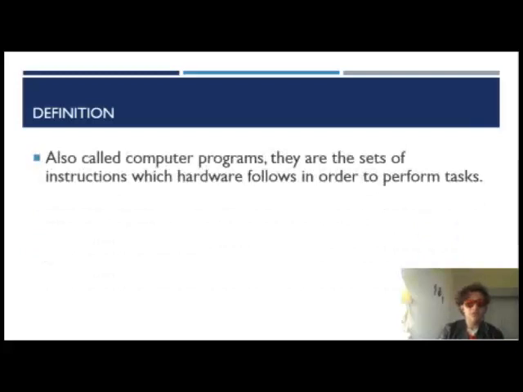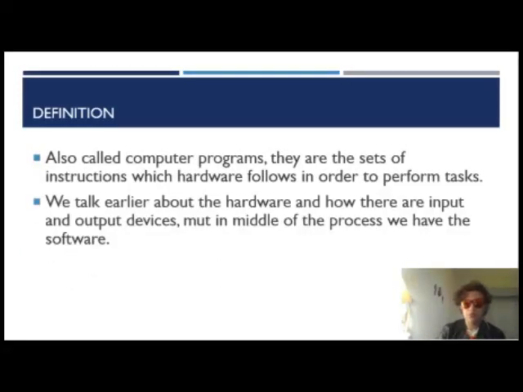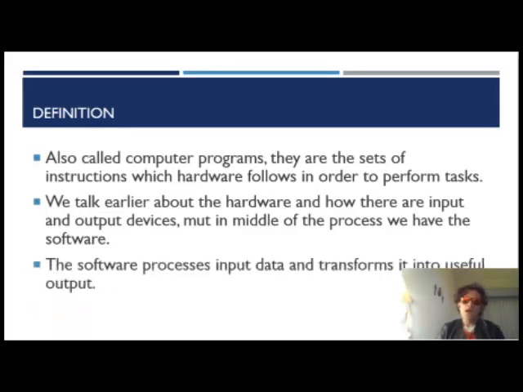What is the definition of software? First, it is also called a computer program. They are sets of instructions which hardware follows in order to perform tasks. As we talked earlier about the hardware and how there are input and output devices, in the middle there is this process that is the software. That is what processes the input and turns it into an output.